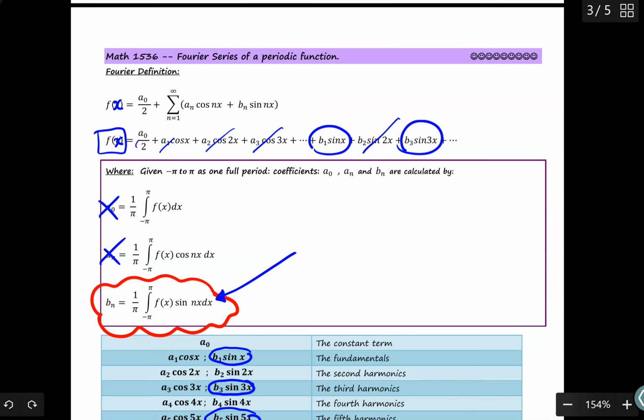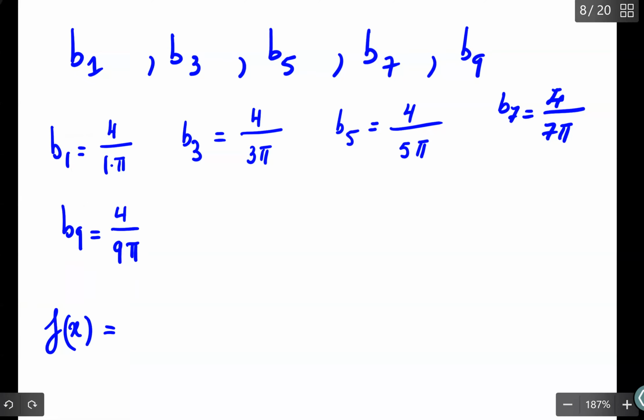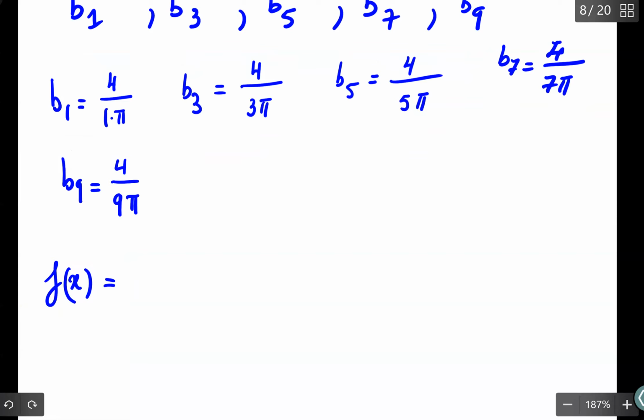Let's go back to our chart here, and we are going to write it as 4 over 1 times pi, this is b1, times sine of 1x.